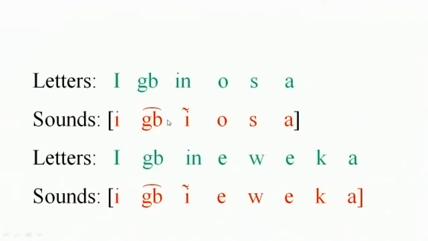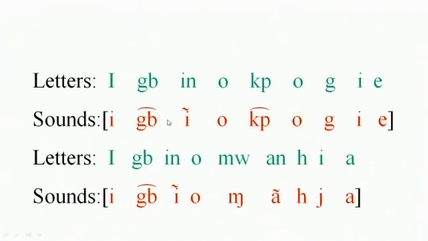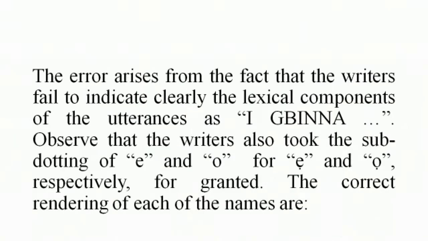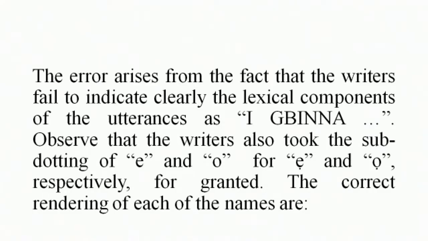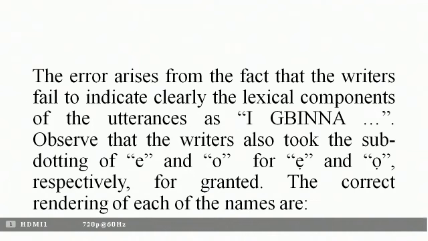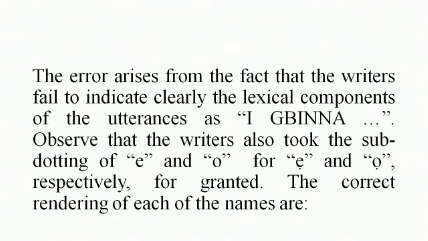So the error arises from the fact that the writer failed to indicate clearly the lexical components of the utterance: the I standing for the personal pronoun, then the noun from the verb. That is the argument.